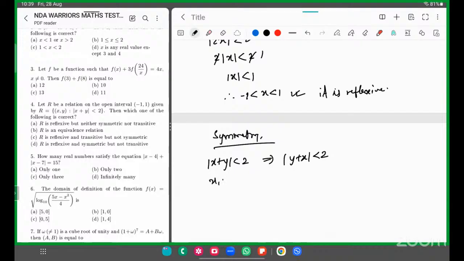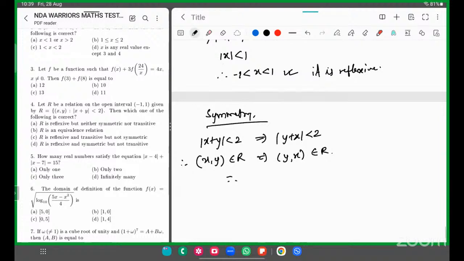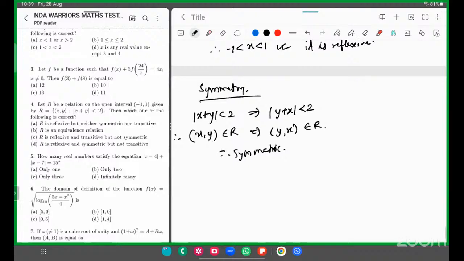Which means if (x, y) belongs to relation R, then this must imply that (y, x) should also belong to relation R. So it is true, therefore symmetric also.